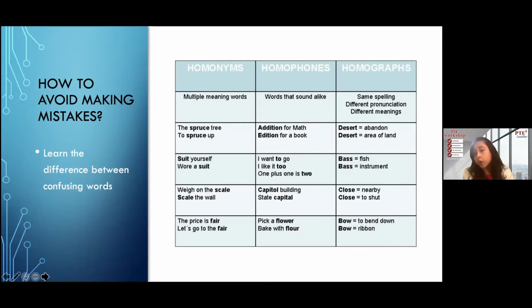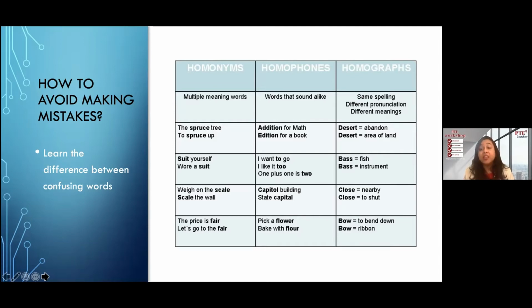For example, for homograph, bass. So if you look at the second example under the homograph, if you want to mean a fish, you will write or say bass. But if you want to mean an instrument, you will not say bass like the fish, you will say bass.